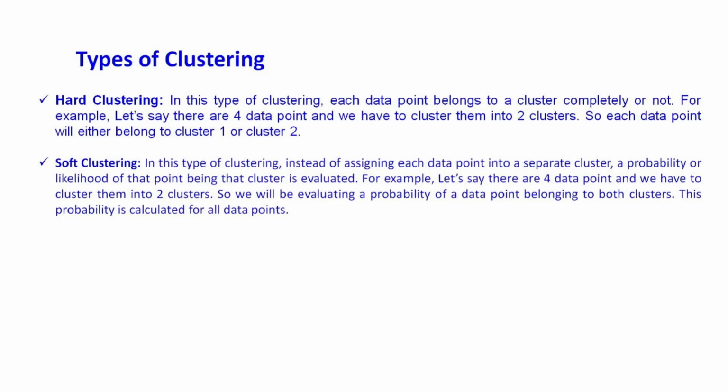Instead of assigning each data point to a separate cluster, we calculate the probability or likelihood of a point belonging to a particular cluster. So, with 4 data points and 2 clusters, we evaluate the probability of each data point belonging to both clusters. We do not earmark the clusters strictly, we only say this much probability exists for these points to belong to cluster 1 or cluster 2.